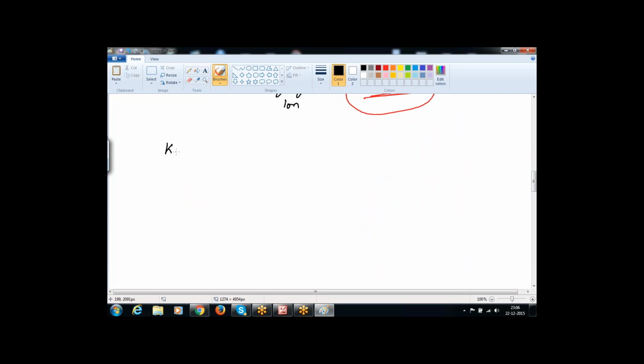There is something called Ka. Ka is the dissociation constant of an acid.